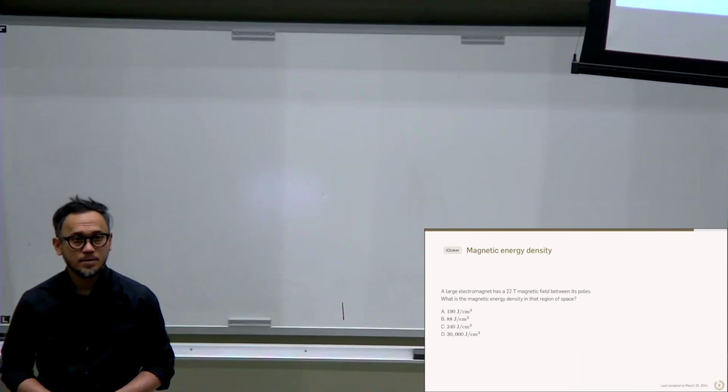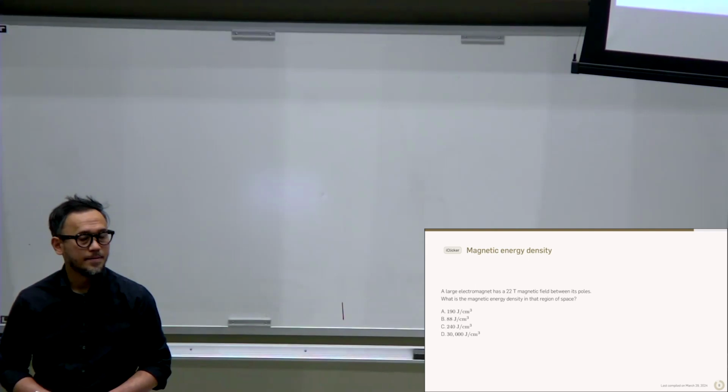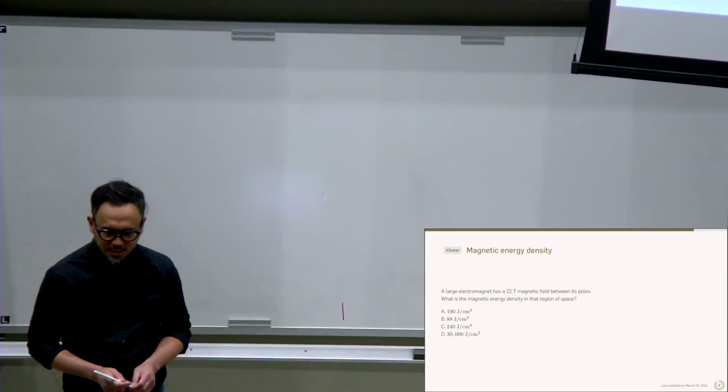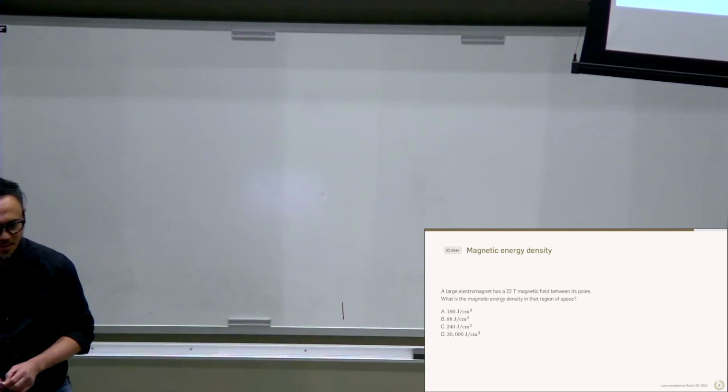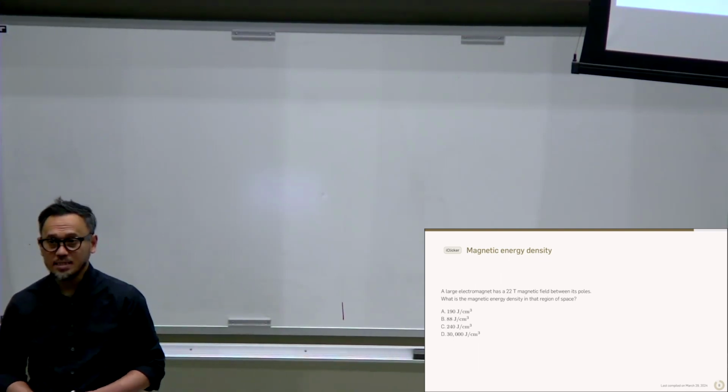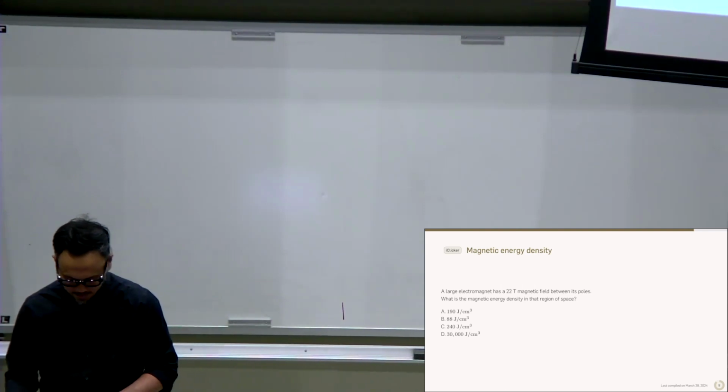Any other question? There is this question from one of your classmates, from Sarah. So the question is about magnetic energy density. Okay, what is the magnetic energy density? What is the symbol?